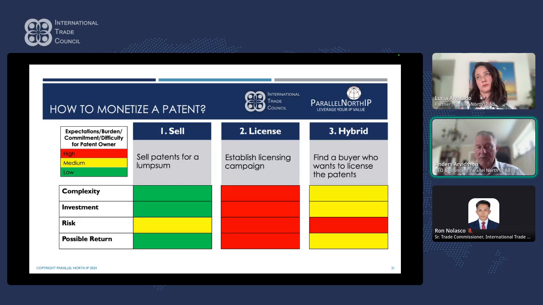You don't know if you get a return or not. So obviously there is a certain risk of failure as well. But the return is normally much higher than selling the patent directly. But you will need more time, and be patient as well, and support the partner that has acquired the patents for you.